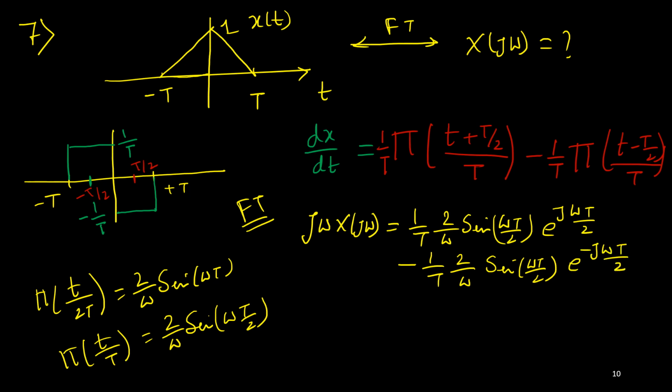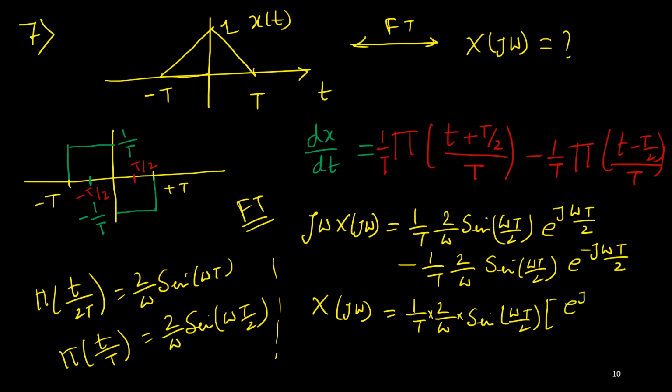So if you simplify it, X of j omega is 1 upon T, 2 upon omega multiplication, and sine omega T by 2 is common, and this one is e to the power j omega T by 2 minus e to the power minus j omega T by 2, over j omega.